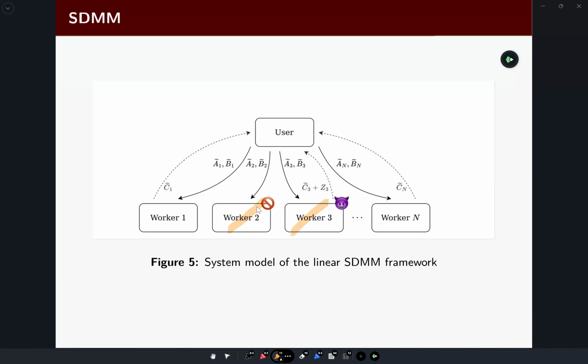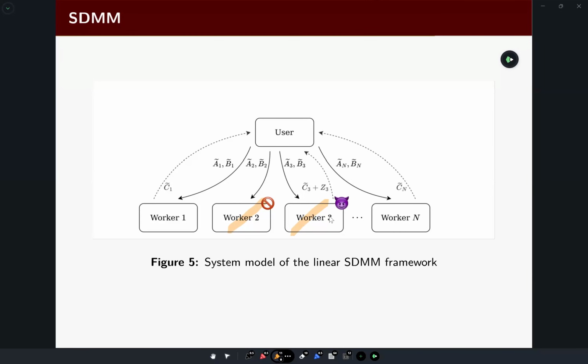Then we have a bad worker, which is just a node that does not work. Basically malfunctioning, so you cannot access the information, you cannot access the server anymore. And the third one is the adversary, which is a node which works, but might be used by an adversary to extract information about the information you send.